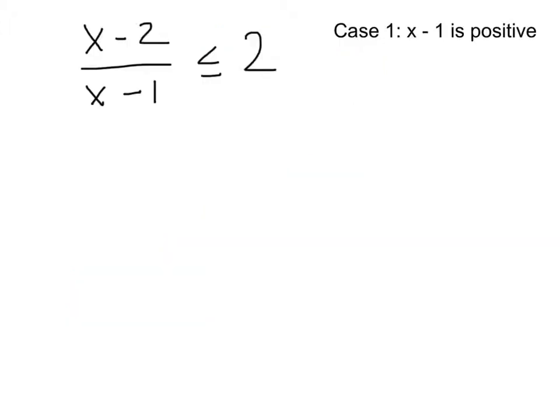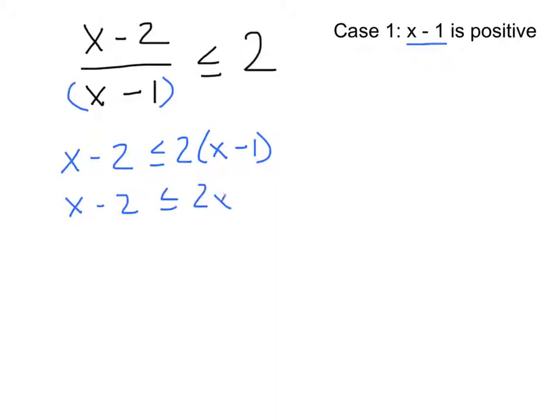So as I mentioned, our first case is that x minus 1 is positive. If that's the case, I can multiply both sides by x minus 1 and it will not change this inequality. I'll simply get x minus 2 is less than or equal to 2 times x minus 1. I can distribute that 2 and I'll have x minus 2 is less than or equal to 2x minus 2.